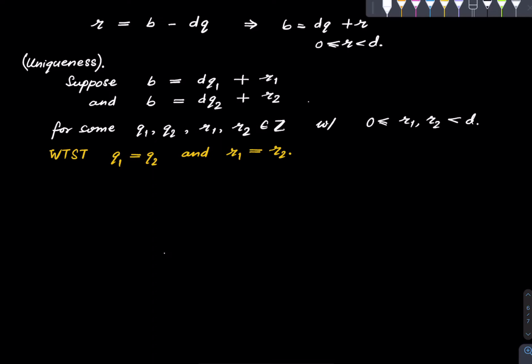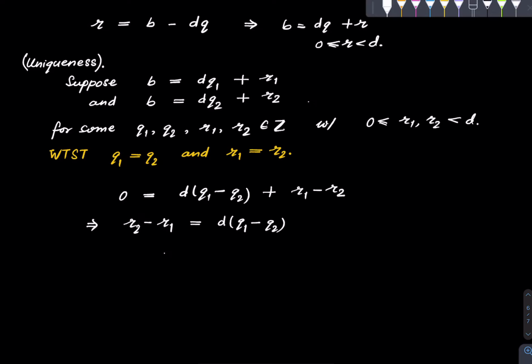But by using these two equations, if we just subtract them, we get 0 is equal to D times (Q1 minus Q2) plus R1 minus R2, which implies R2 minus R1 is equal to D times (Q1 minus Q2).